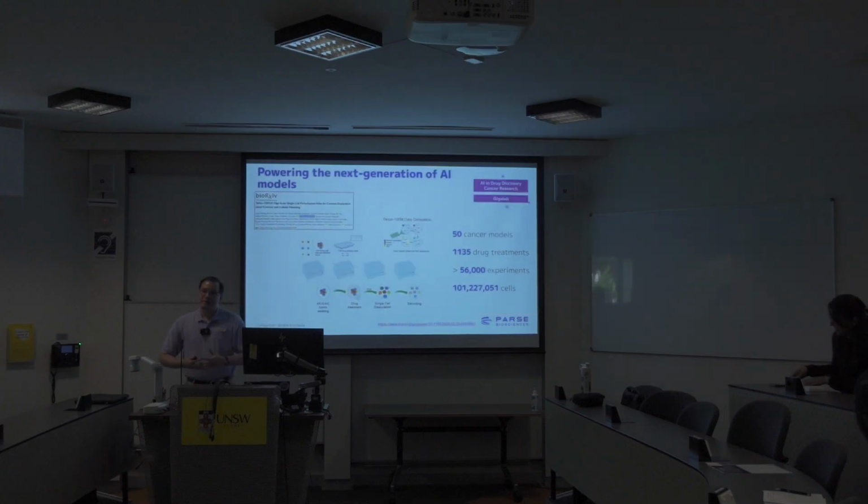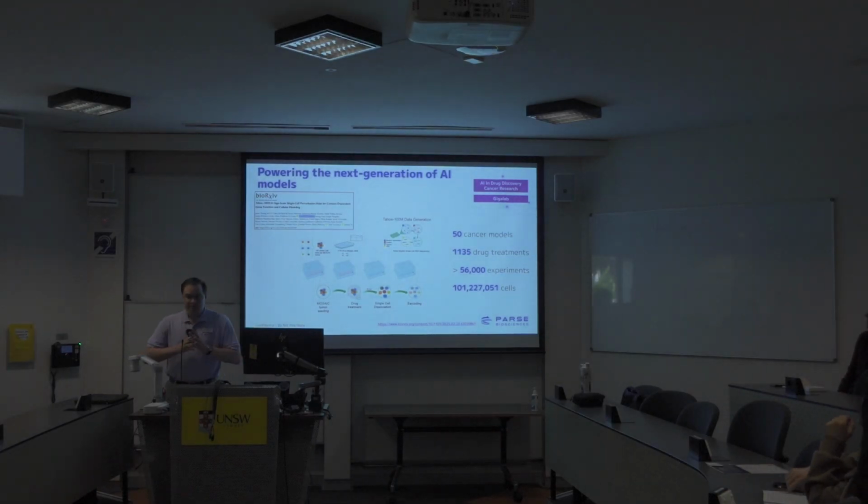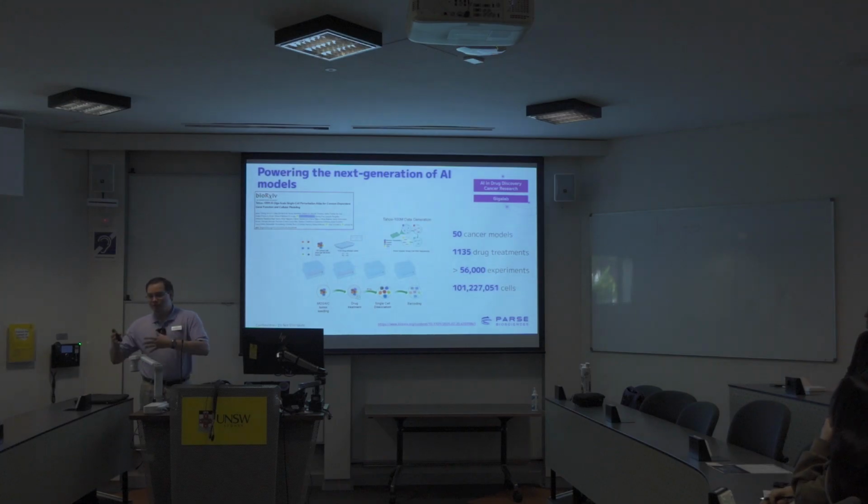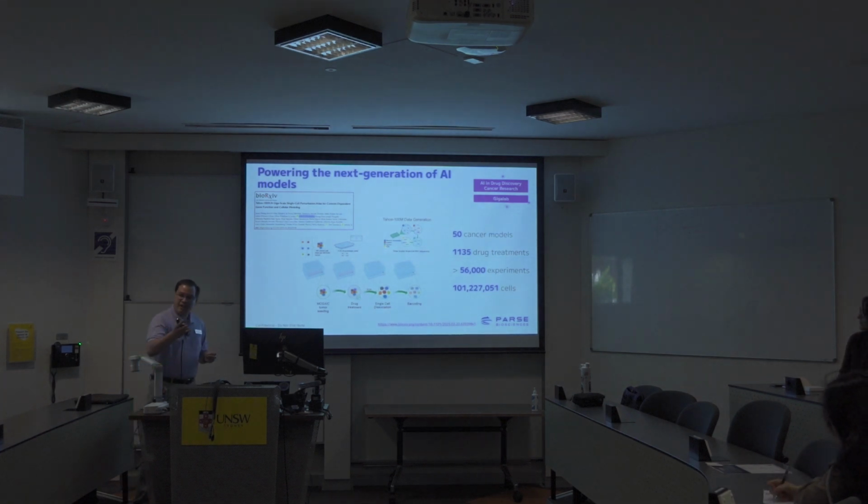One amazing thing about Parse split-pool combinatorial barcoding technology is the scalability. Using split-pool combinatorial barcoding, we can scale up infinitely, and this is just one experiment that I was part of. We were able to go from seeding cells to data back on over 100 million cells in 3 weeks.